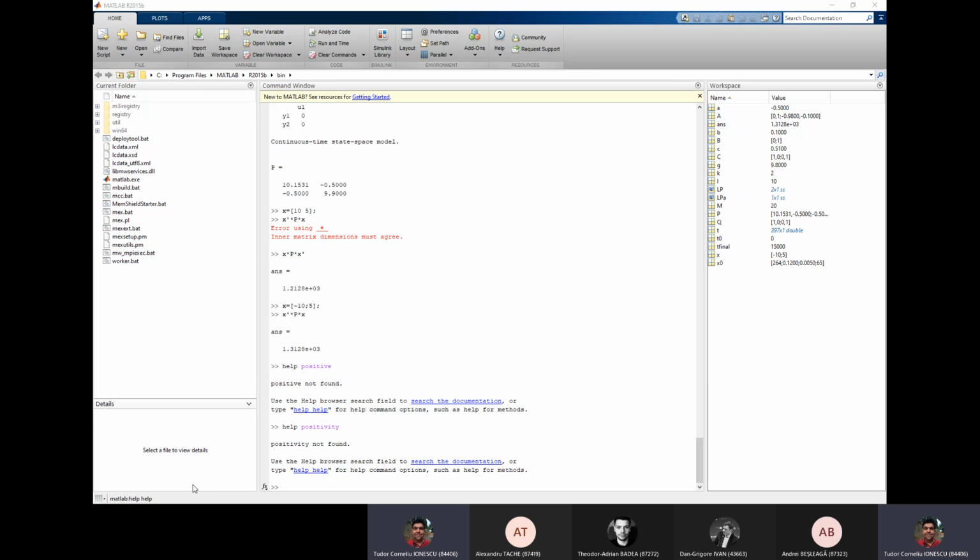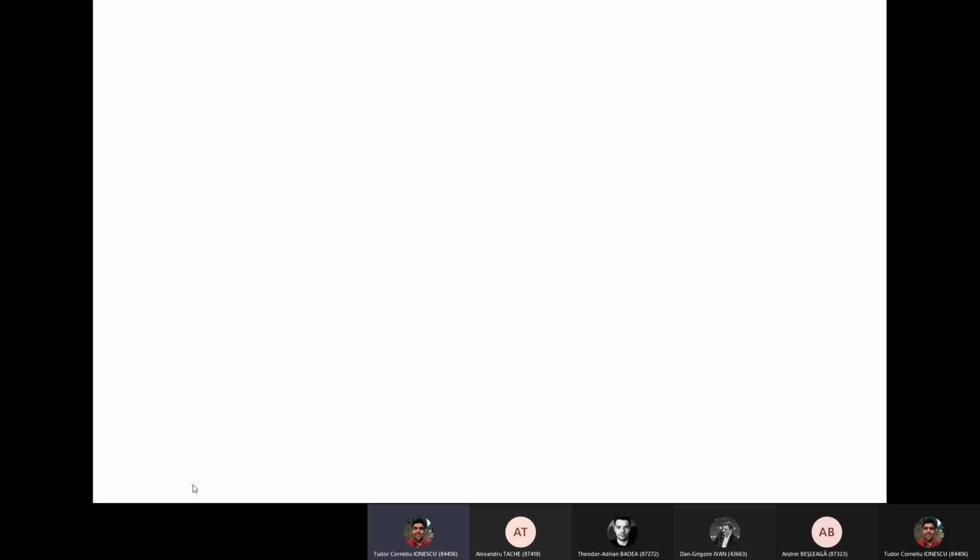There have to be efficient algorithms, probably based on some sort of optimization, to search whether a matrix is positive definite or not. Do you know of anything of this sort? Have you encountered such things? I'm asking the control engineers now. Some efficient test to test the positive definiteness of some matrix.